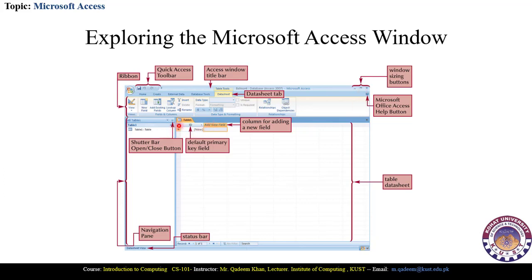Then we have two important panes here. One is the shutter bar open/close button. Here you can open or close it. Inside of this pane you can create different databases, forms, and different sorts of reports.